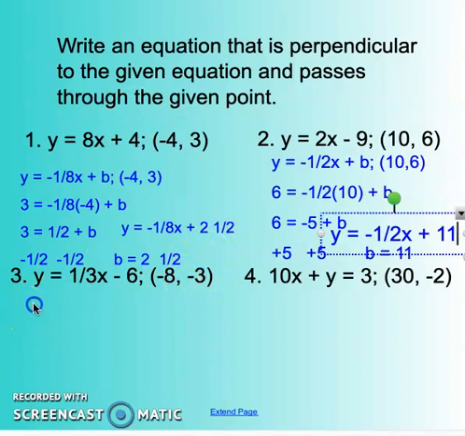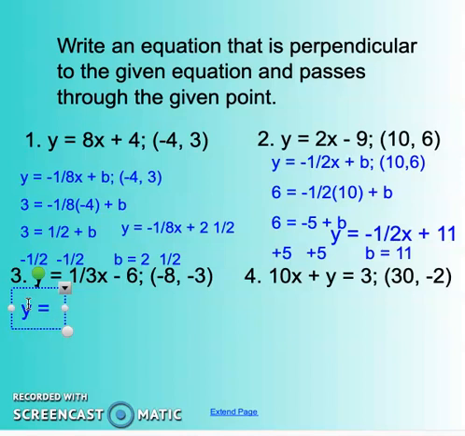How about this one? We started off with a fraction as our slope. We have 1/3 x. And so let's do the reciprocal. And actually, I like starting off with a fraction because my reciprocal turns it into a whole number, or actually an integer in this case.